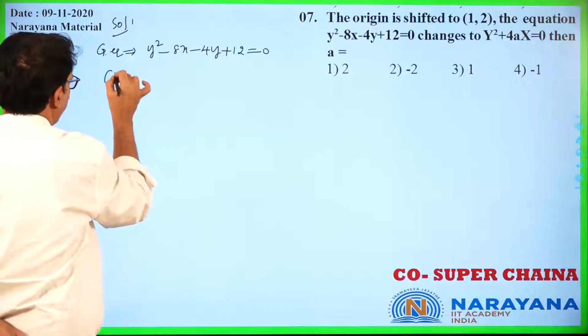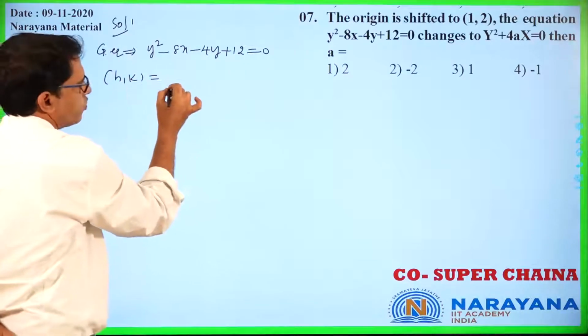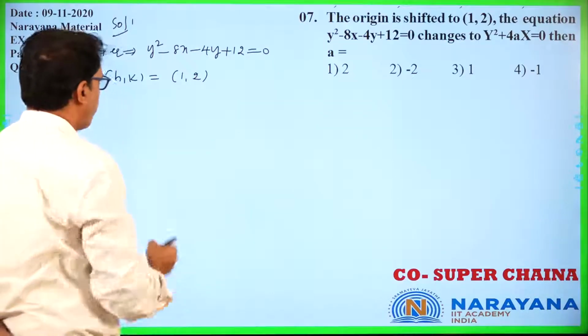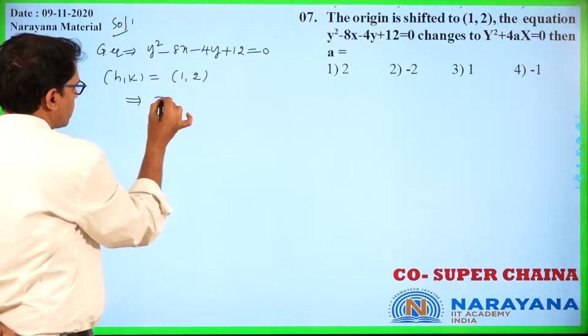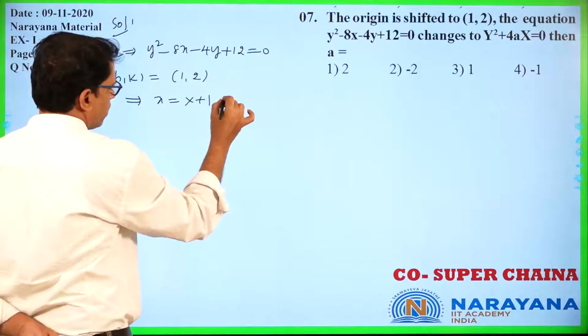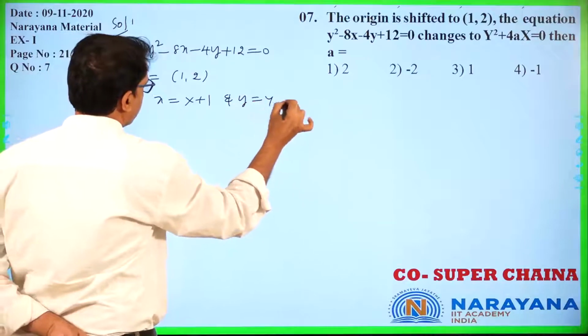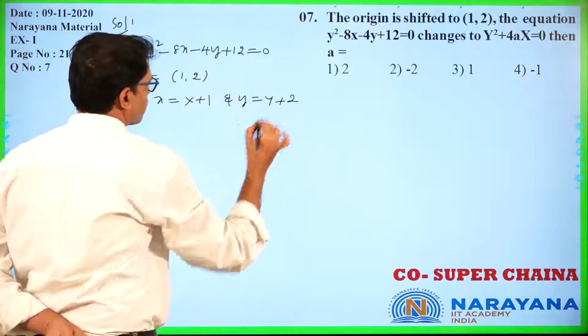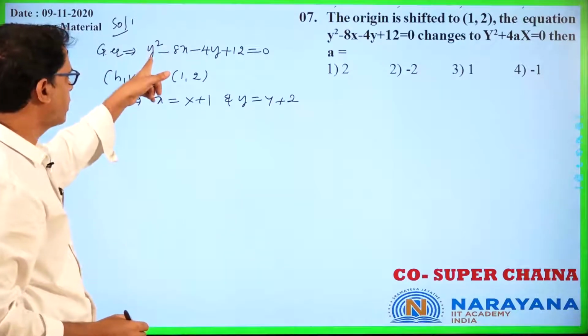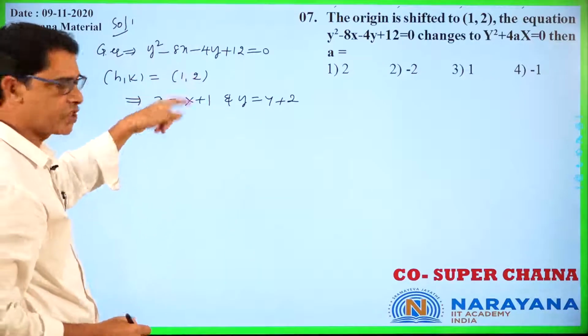So translated point h comma k equals to 1 comma 2. Then what will be the x value? That implies x is equal to x plus h, x plus 1, and y equals to y plus k, y plus 2. Right?